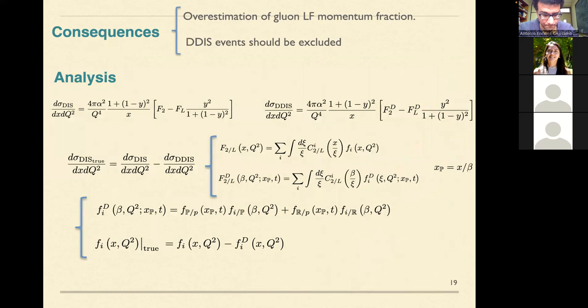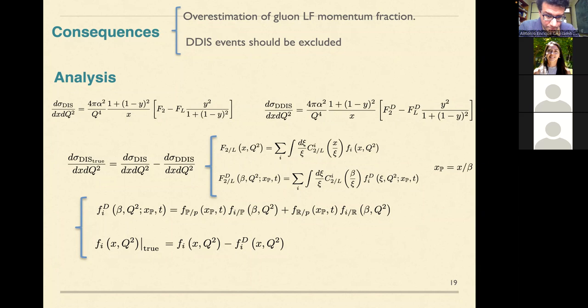And this is probably the only transparency in which I'm going to show some formulas. The whole idea of the formula is that in order to have the real distribution functions, you have to subtract the diffractive distribution functions. And here is the idea of how the evolution works.